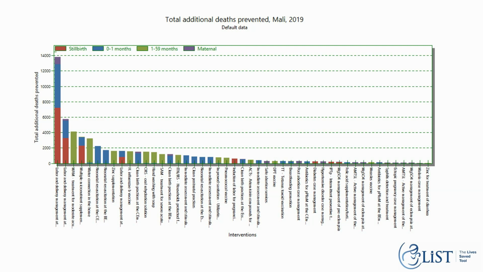And as you'll see, the interventions on the left of the graph are those that will have the highest impact, which also means that these are the interventions that are most unequal in their coverage based on which wealth quintile you belong to, and so on and so forth, in decreasing order going to the right.